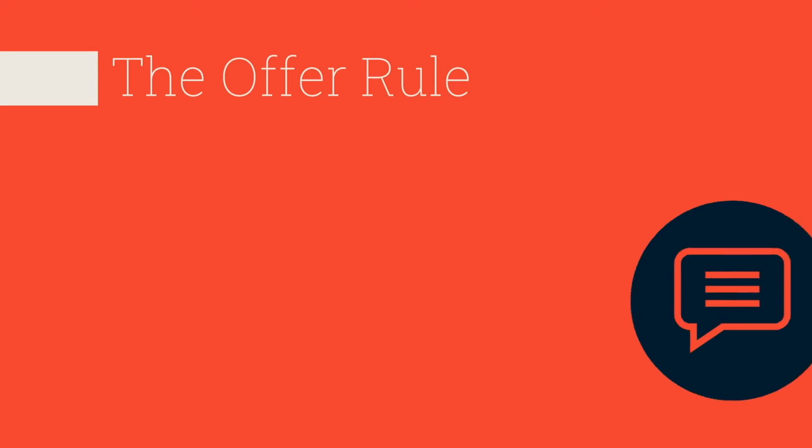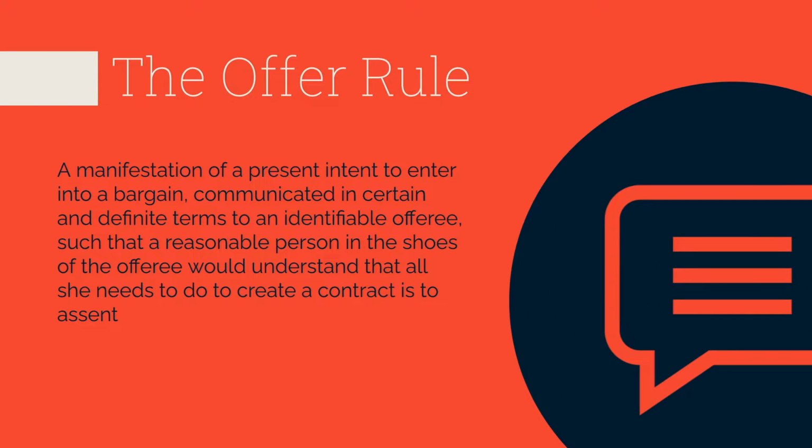Offeree. And so when we look at this rule, from a combination of rules from the Restatement that we're putting together here, this is how the rule comes out for an offer. It's a manifestation of a present intent to enter into a bargain that's communicated in certain and definite terms to an identifiable offeree.